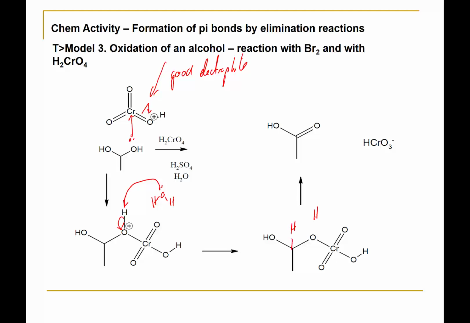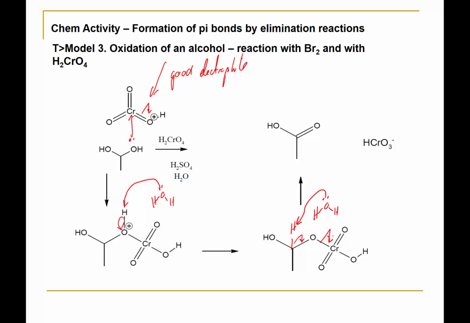And once again, we'll have water act as our base here. So water will pick up that proton. A pi bond will now form, and we'll lose our leaving group. And you can see that instead of now having what corresponds to an aldehyde, we've oxidized further to a carboxylic acid. And so this is an additional oxidation step.